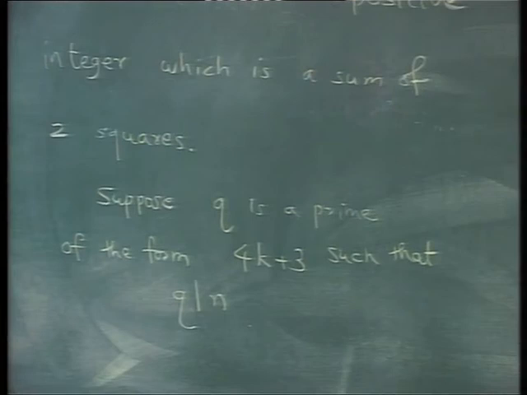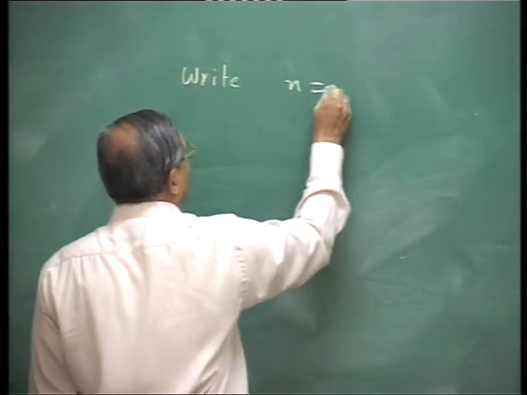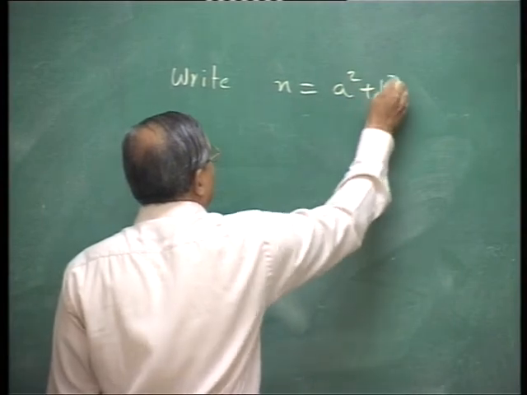Now, if q divides n, write n as a sum of two squares, say n equal to a square plus b square.